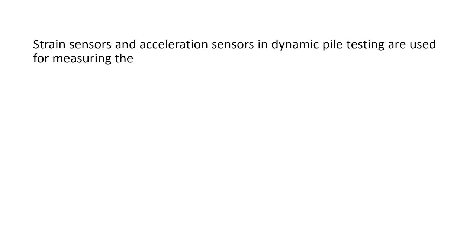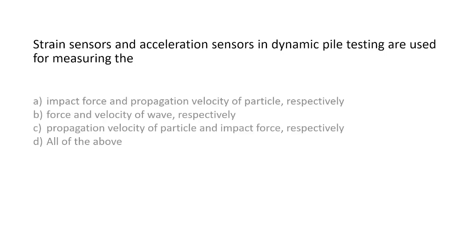Next is, strain sensor and acceleration sensors in dynamic pile testing are used for measuring the impact force and propagation velocity of particle respectively, force and velocity of wave respectively, or propagation velocity of particle. D, all of the above. Option A. Strain sensors and acceleration sensors.